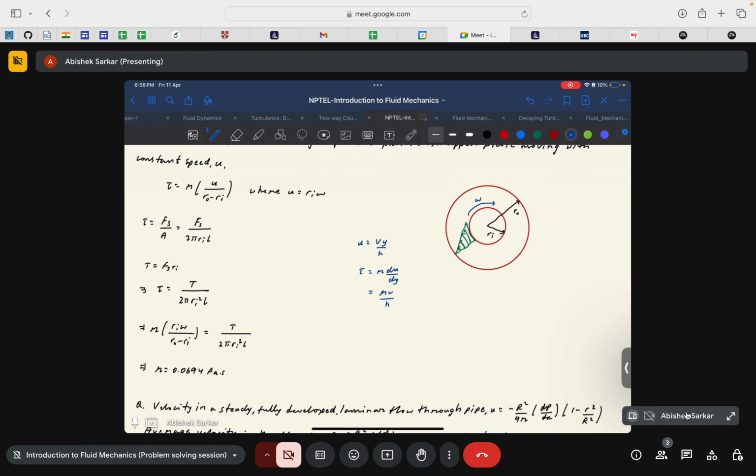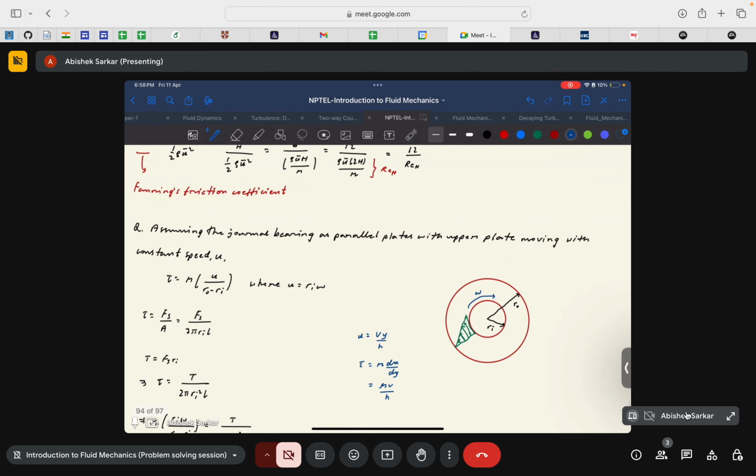Similarly, here U would be the velocity of the rotating cylinder, the inner cylinder in this case, so U would be R_i times omega, just the relation between the linear velocity and the angular velocity. And the gap h would be R_o minus R_i.